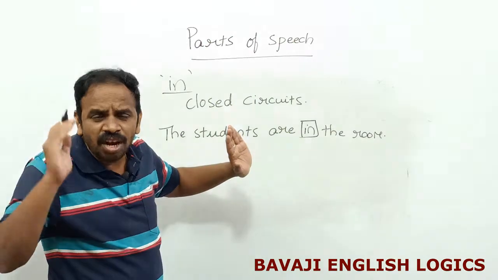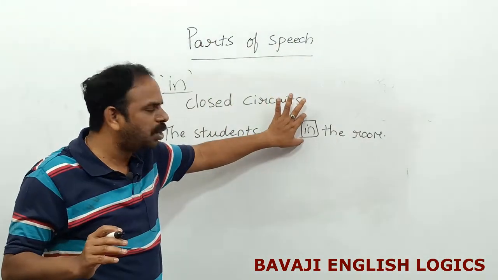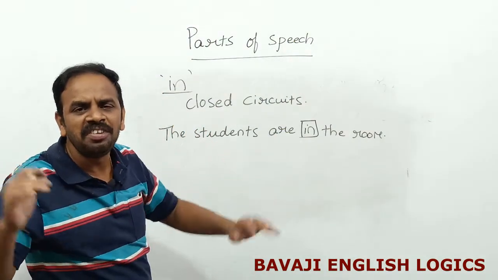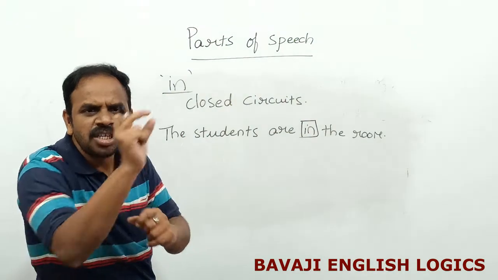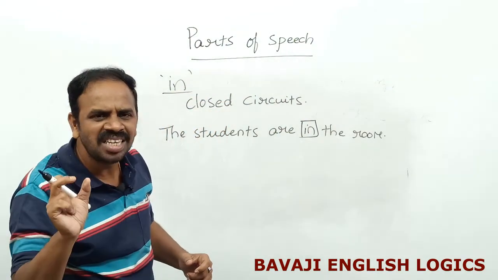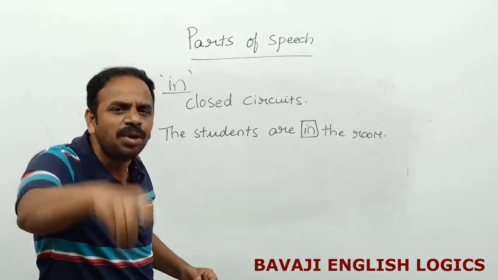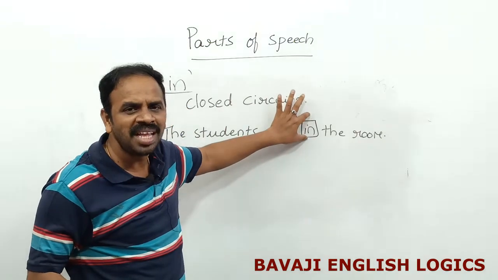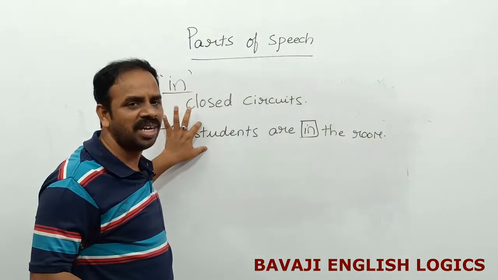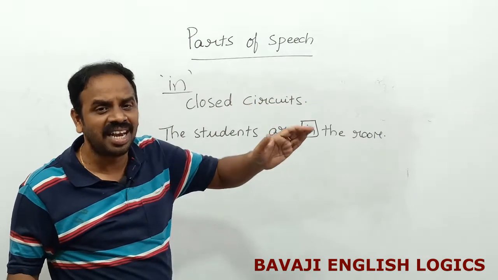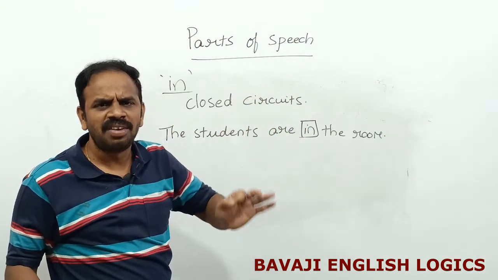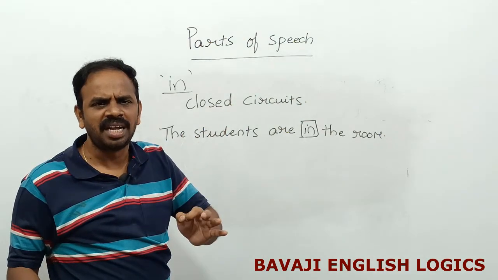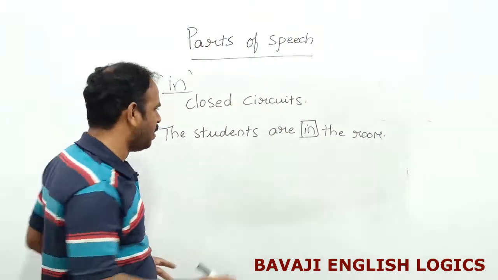If I write, the students are the room, there is no meaning for that. There must be a relation between students and room. So what relation is there? The students are in the room. Where are the students? In the room. So the preposition in is showing the relation between the room and students. Because it is a closed circuit, for all closed circuits we use the preposition in.